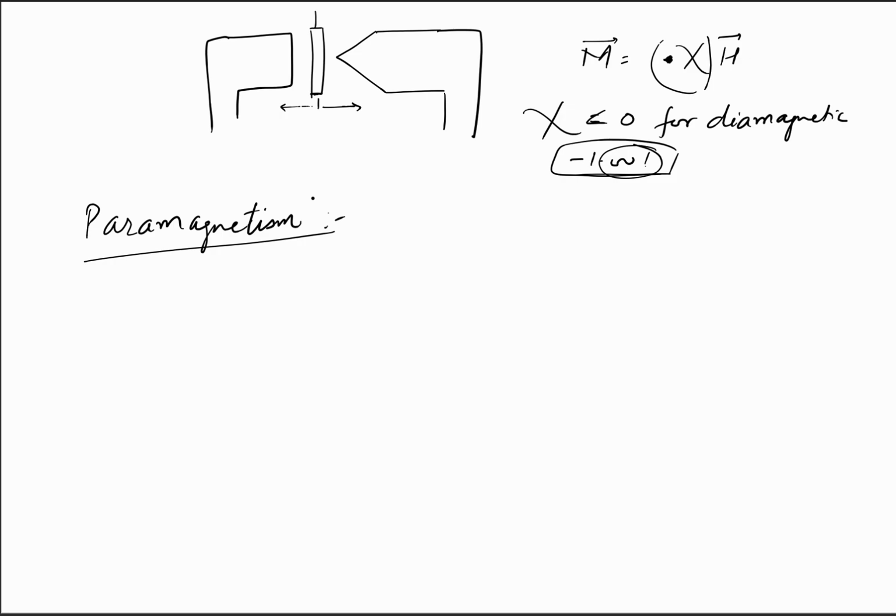However, there are still permanent magnetic moments present in the material. But when we place them in an applied field, these permanent magnetic moments get aligned along with the applied field, and because of this they show attraction towards the higher density field. Because of alignment, they feel a force of attraction then.